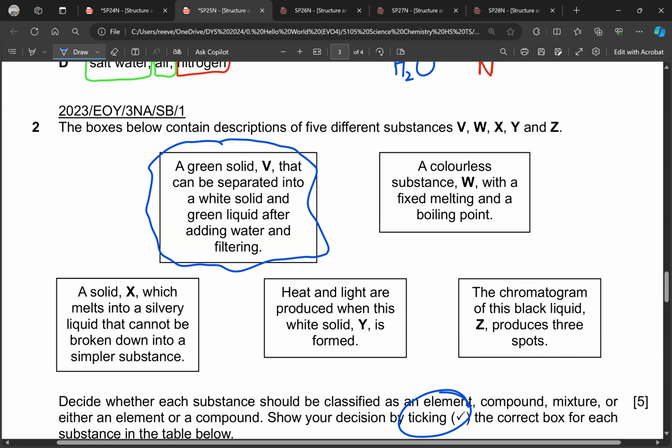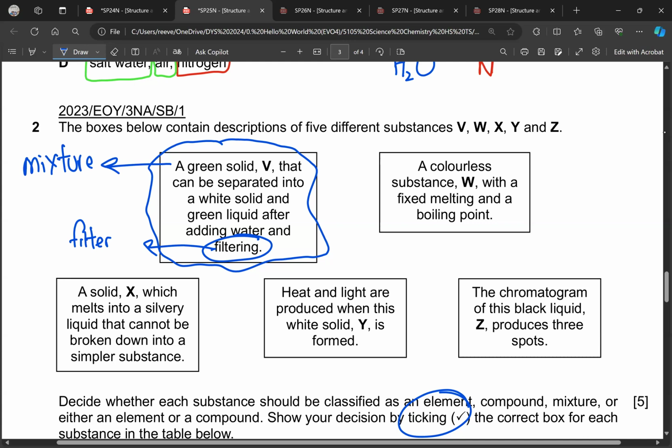Next, that can be separated into a white solid and a green liquid after adding water and filtering. That means I can filter and separate them. Means this is confirm a mixture. You filter, you pour, the solid stays at the top, the liquid goes down.